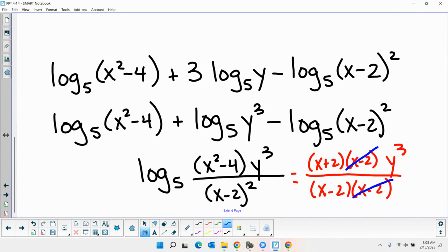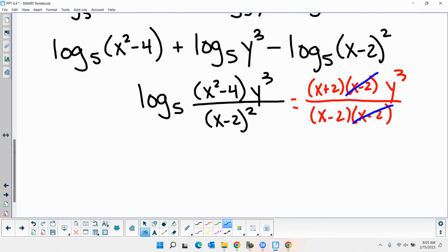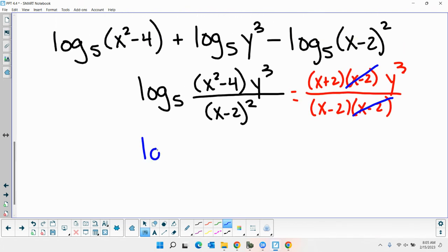So my final answer, to get full credit on something like that, would be log base 5, and then x plus 2, the y cubed, and then the x minus 2. So sometimes when we condense, we get it all condensed, there's a fraction there that we can simplify.